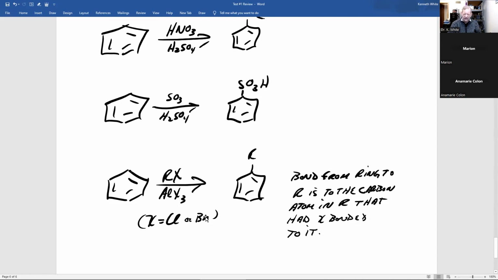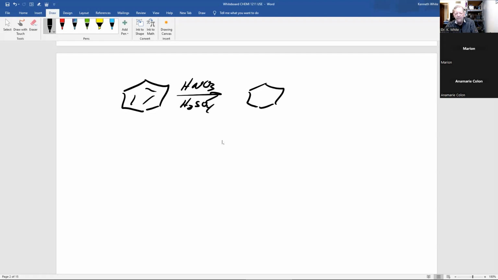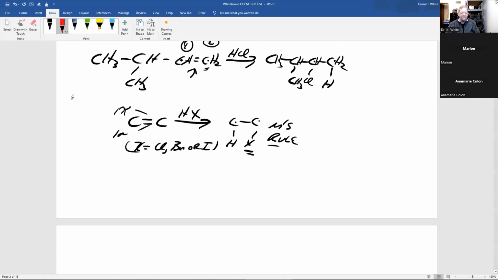Remember, let me show you something important. And this is putting on a nitro group. If you wrote this, wrong. That's nitrocyclohexane. You're never going to get it from that reaction. Oops, sorry about that.